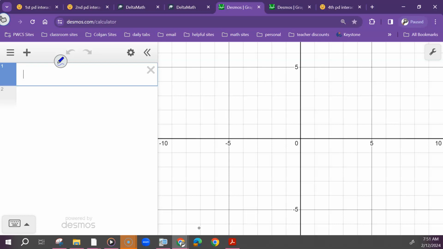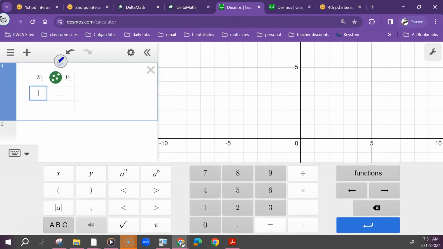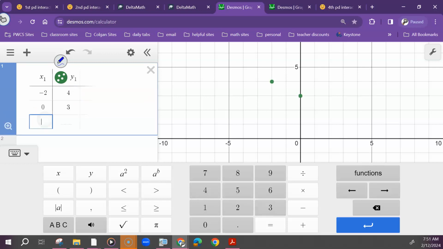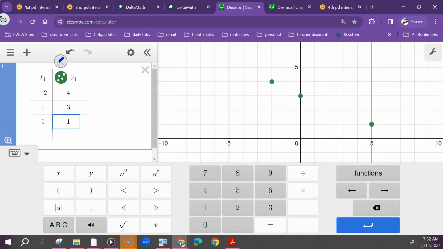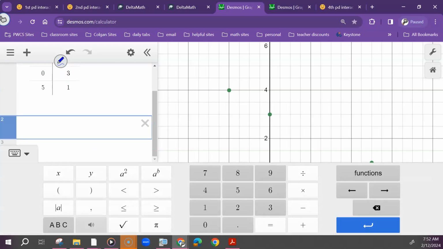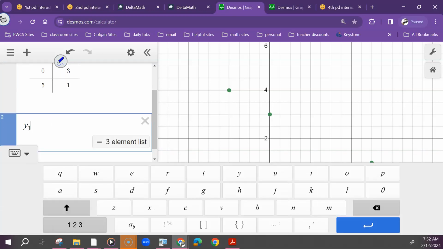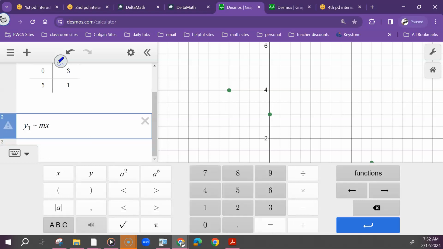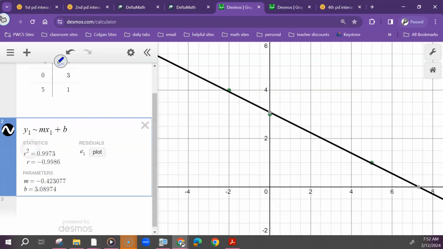If we were to make a table and put the ordered pairs in, then type in y1 tilde mx1 plus b, you will get your line of best fit.